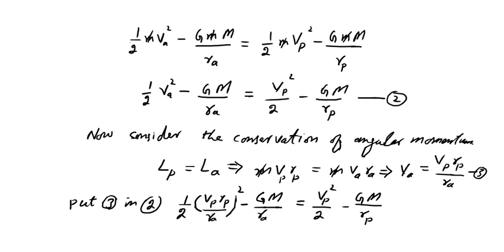Now by simplifying, we can get this equation in this form. For example, this will be equal to Vp squared Rp squared divided by 2Ra squared.